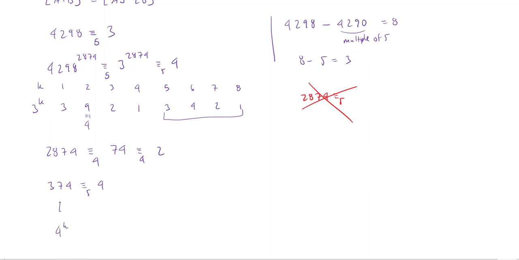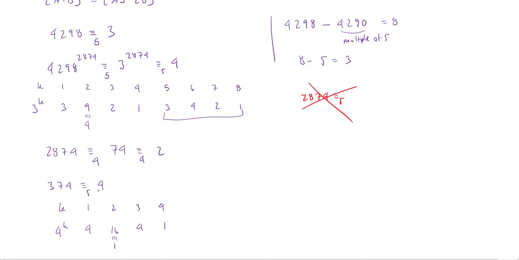When k is 1, we get 4. If I square 4, I'm going to get 16. But 16 is congruent modulo 5 to 1. Oh, wow. This is just going to alternate 4, 1, 4, 1, 4, 1. Okay, so it's going to be a 1 on the evens and a 4 on the odds.